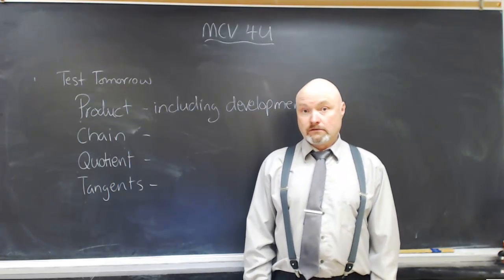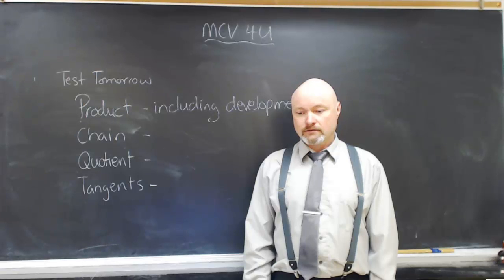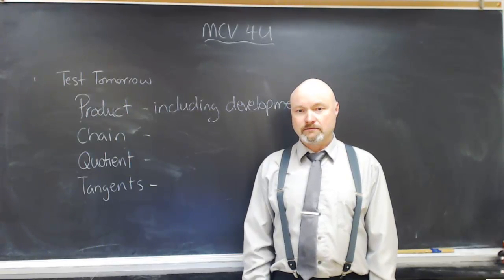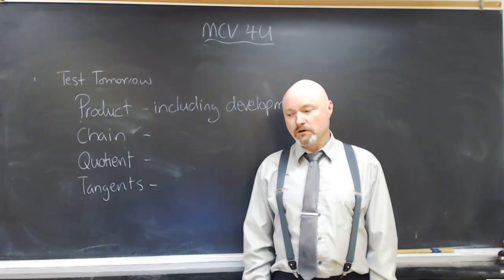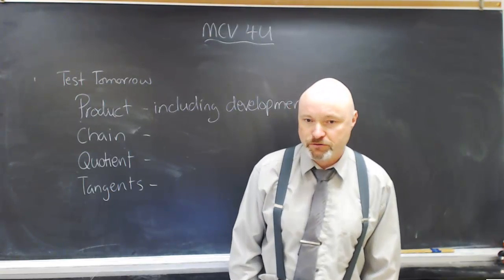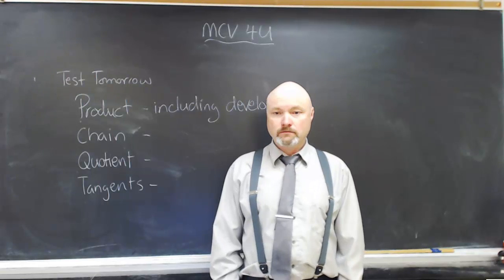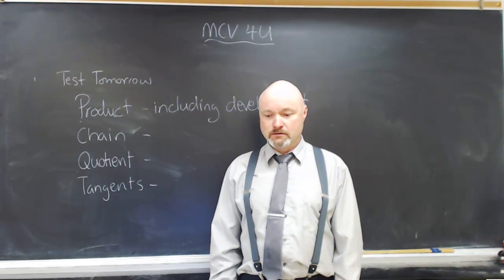So it might involve finding the derivative, and you'll probably have to use the chain or the quotient or the product rule. So it should be pretty straightforward, I think, anyway.